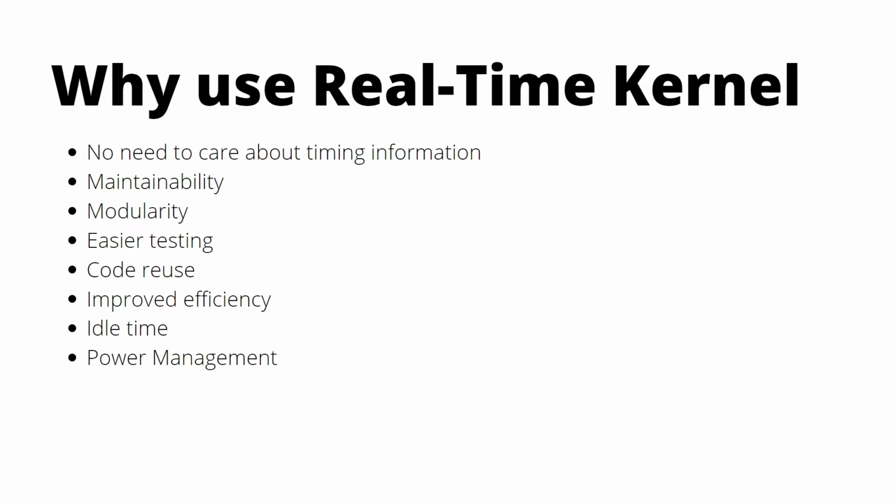Take an example, if you have to glow a light by pressing a button, it will not constantly poll for the button to be pressed. It will use an interrupt. When there is an interrupt, it will run that piece of code that will turn on the light.